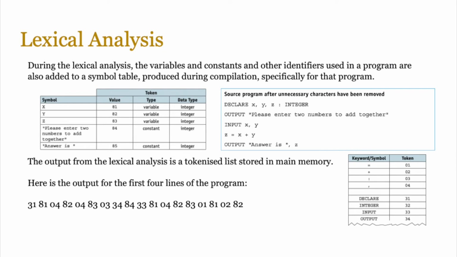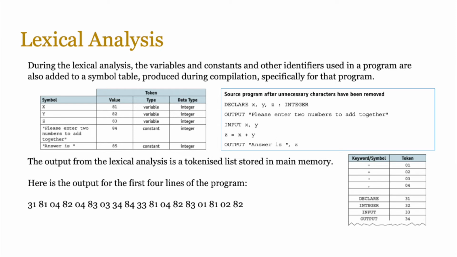Now on screen you'll see an example of the program that we were trying to work with. The symbol table, which was created because these constants and variables are unique to the program, and then you see an example of the keyword table, which has the reserved keywords, the operators, and the relevant token.